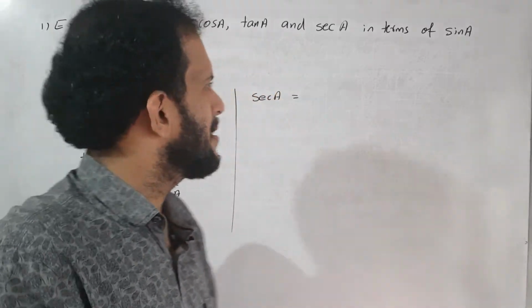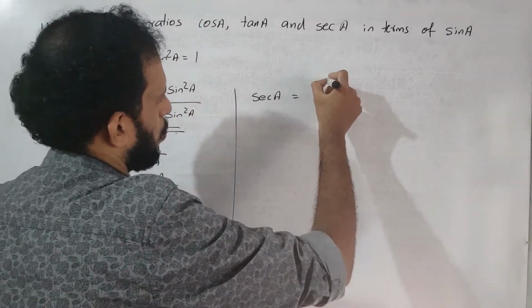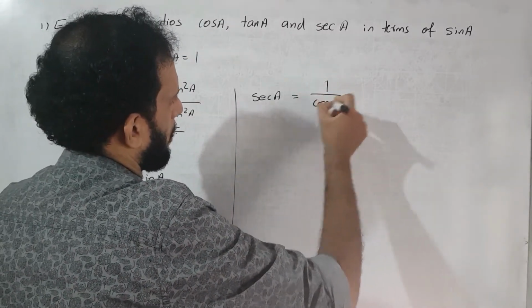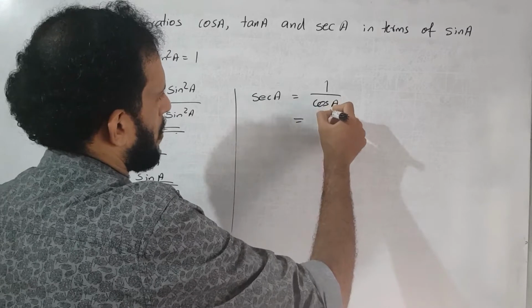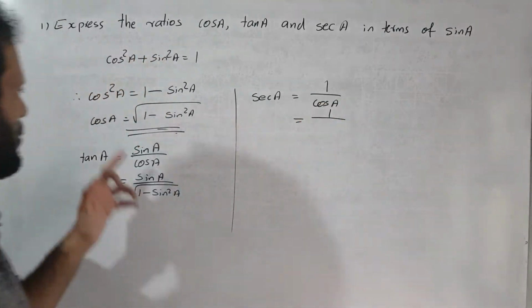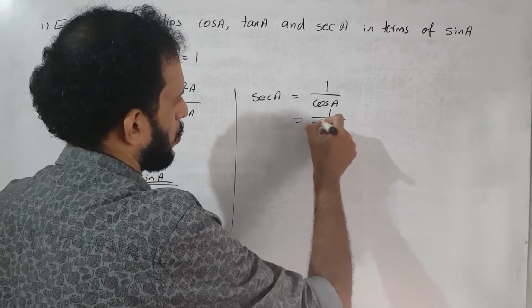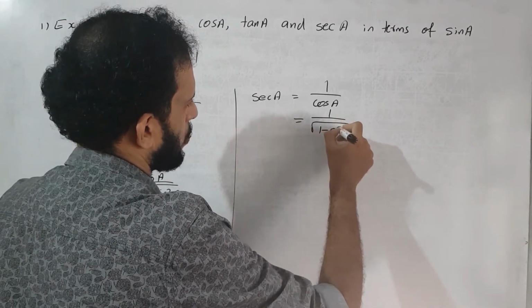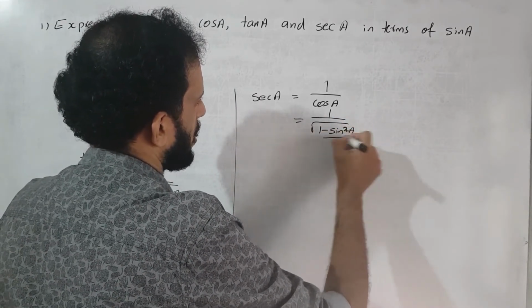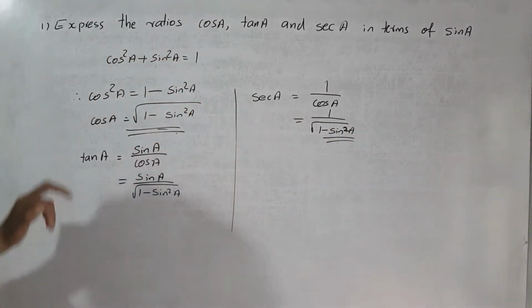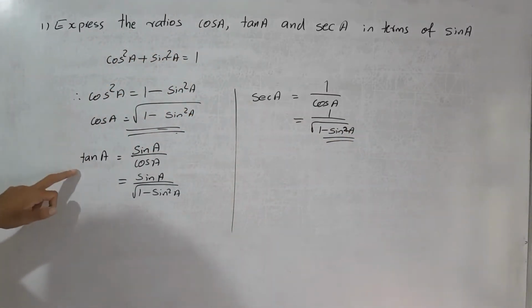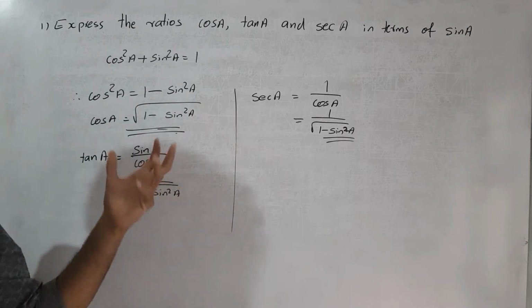Sec A is equal to 1 by cos A, which is 1 by root of 1 minus sine square A. So all the ratios are given: cos, tan and sec in terms of sine.